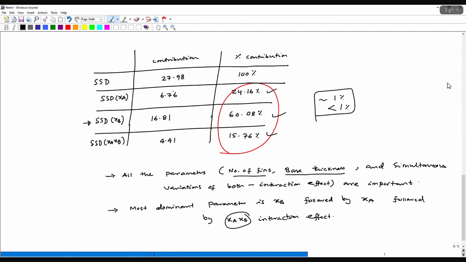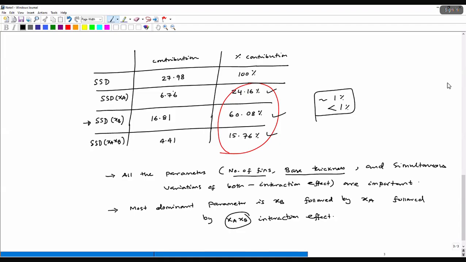Sir, I have a question. Here you said that all of them are important, right? But here we see that the dominant parameter XB has a significantly higher percentage share as opposed to the rest. So with that comparison in place, how can we still say that all of them are important?